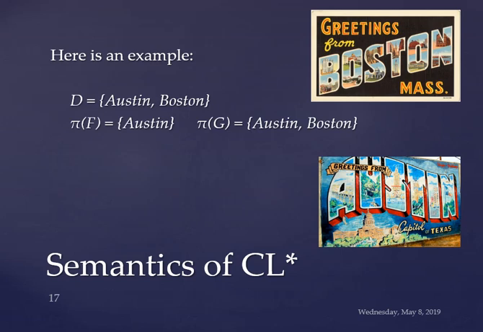Here we have Austin, which is in the extension of F. So Austin is in the extension of F, whenever Austin just goes with F. G is a little bit different here. Austin and Boston are in the extension of G, so G can be attributed to Austin and Boston. Then, of course, our names, as you might have guessed: A goes with Austin and B is Boston.